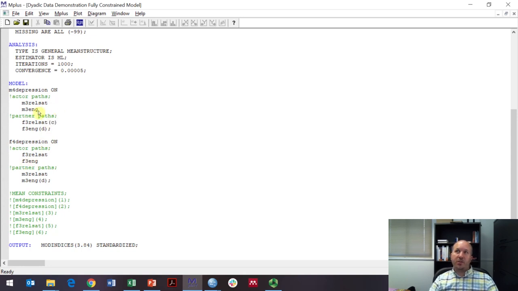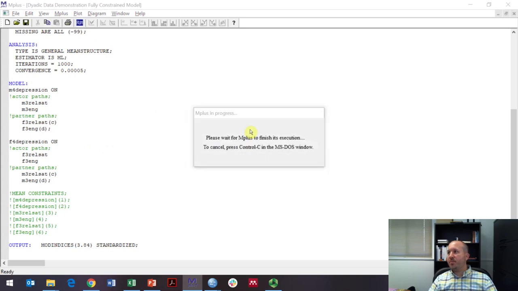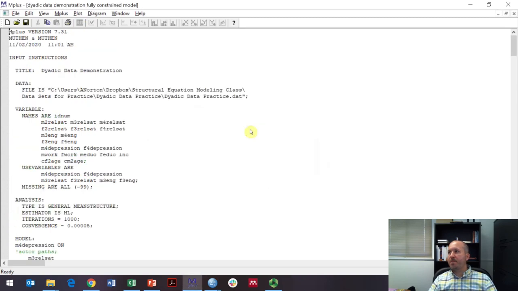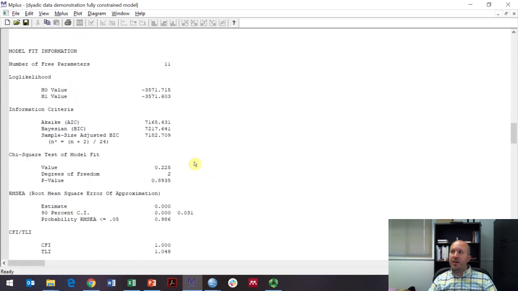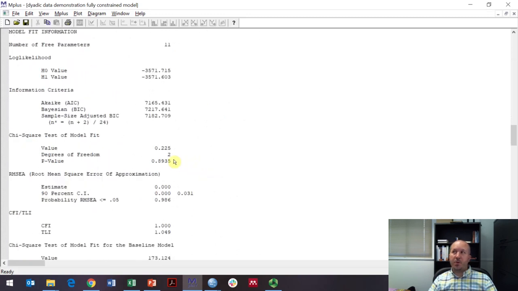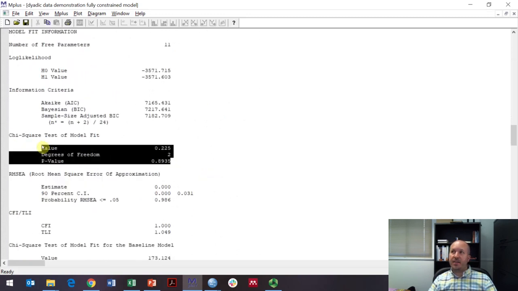So here I'm going to have 2 degrees of freedom because I have 2 sets of paths that are constrained to be equal. So I have my C and my D, so my relationship satisfaction and engagement for my partner paths constrained to be equal. And let's go ahead and run this model. And go down and check out my chi-squared. And if it's not significant, it means I can keep both of them, which in fact it is.